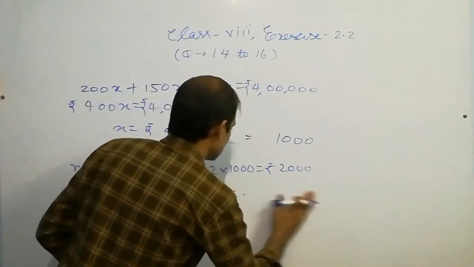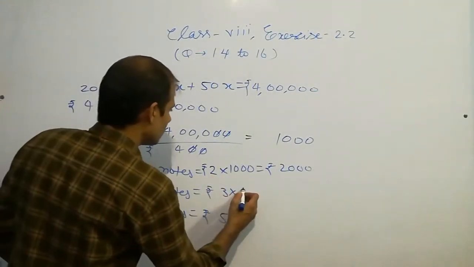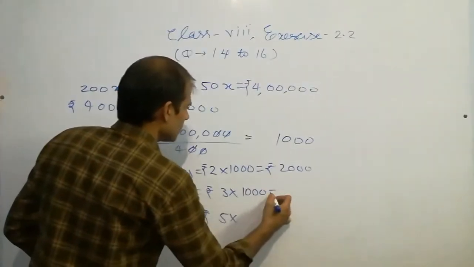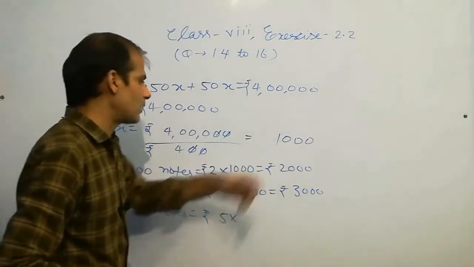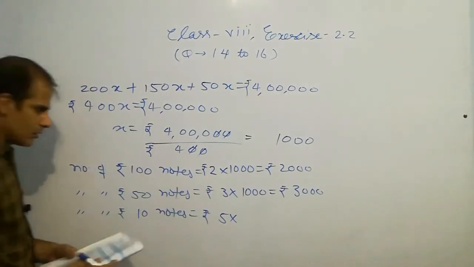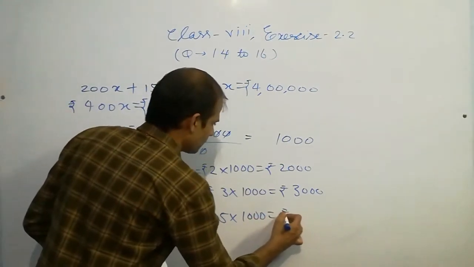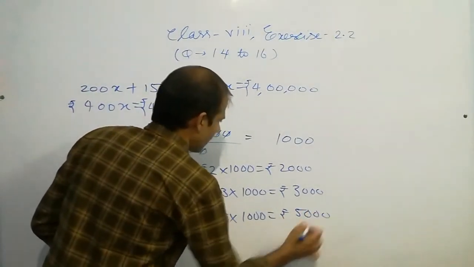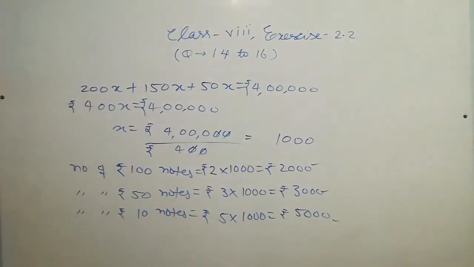Here I have done some mistake, so sorry for that. We have to write 3 into 1000, that is 3000, because the value of x is 1000. Again, number of rupees 10 notes is 5x, so it is 5 into 1000, and it is 5000. These three are the answers of this question.